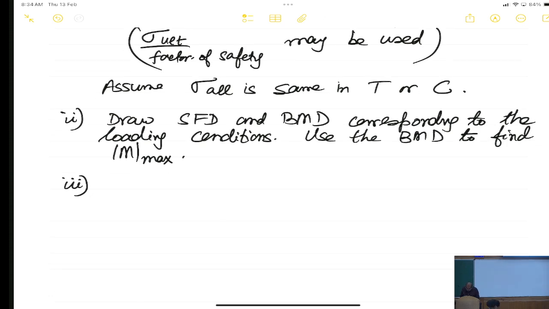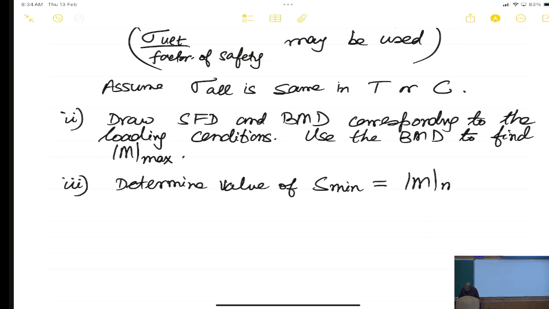And third, knowing the maximum bending moment and sigma allowable, we will get the value of the section modulus, which is minimum.